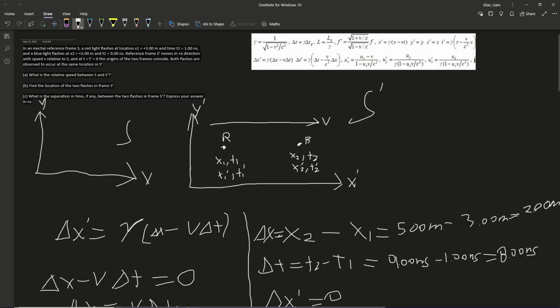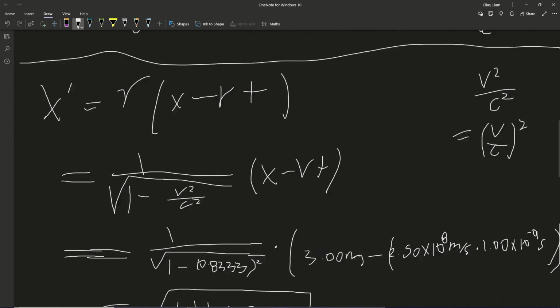So we're going to be using this equation here: delta t prime, or basically the difference in time between the two events in S prime, is going to be equal to the Lorentz factor, lambda, times delta t, which is the difference in time of the two events in frame S, minus v over c squared times delta x, which is the difference in location of the two events in frame S. Let's go ahead and write that out.